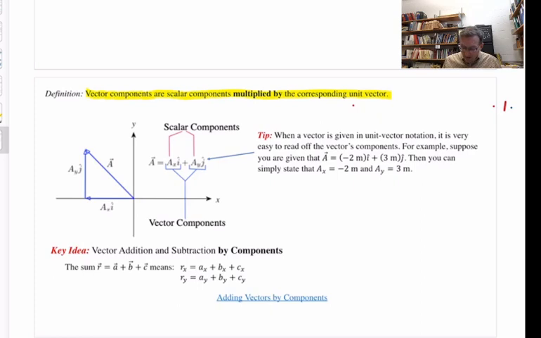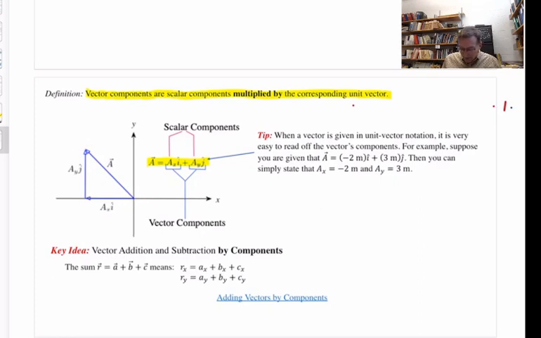So here we have a vector A, and you can see it over here. I've drawn it. It's got its tail at the origin. It's pointing out into the second quadrant of the coordinate system. And if we had a drawing like that, we know from the last lecture how to draw the scalar components.